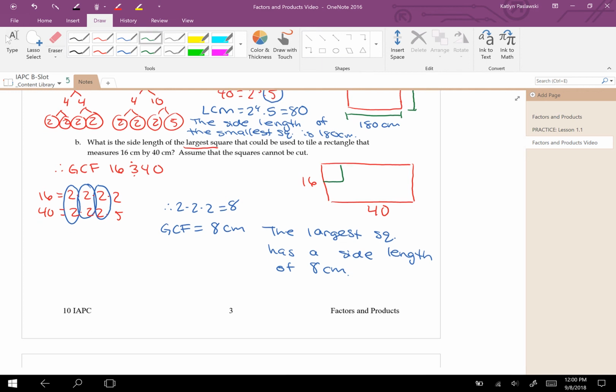Now, the practice questions that go along with this lesson from your textbook are page 140, questions 3 to 13 and 17.